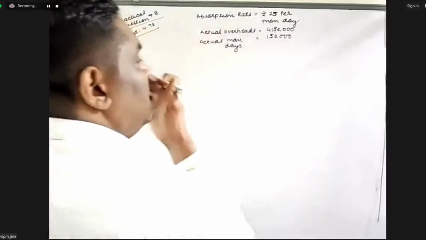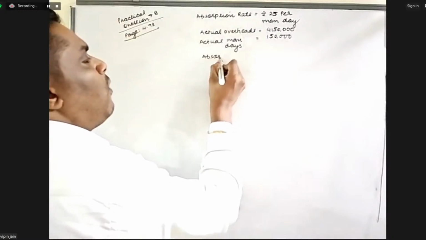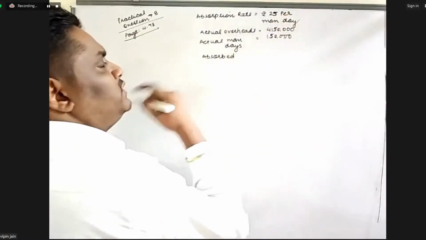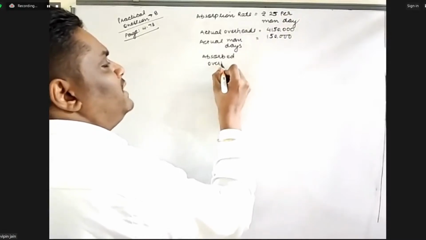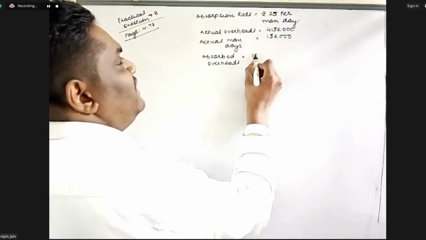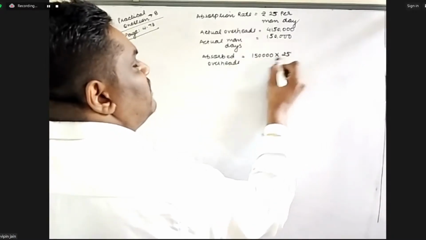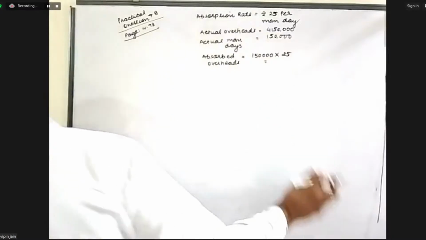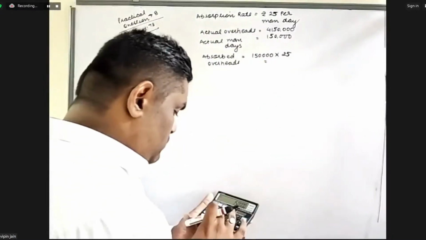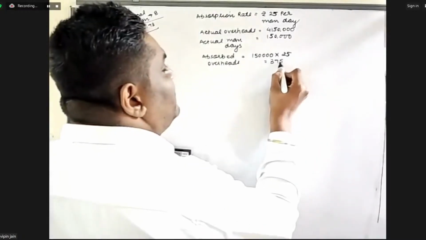So let's start. Herein we will first calculate the absorbed overhead. The absorption rate is already given in the question. So absorbed overheads will be 1,50,000 into 25, which is 37,50,000.